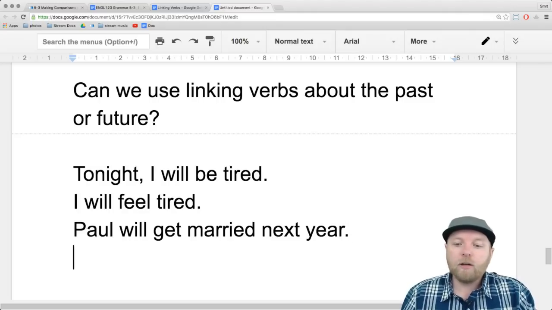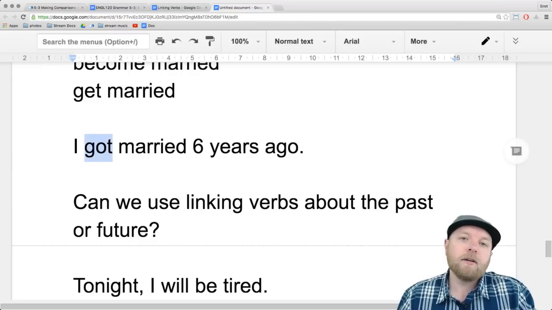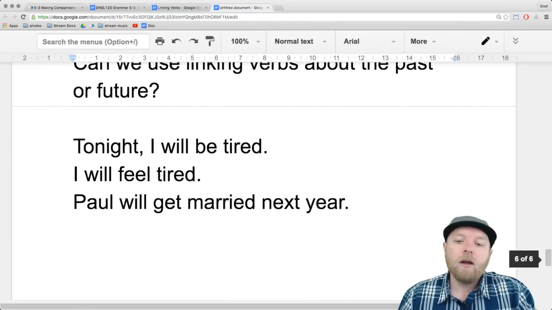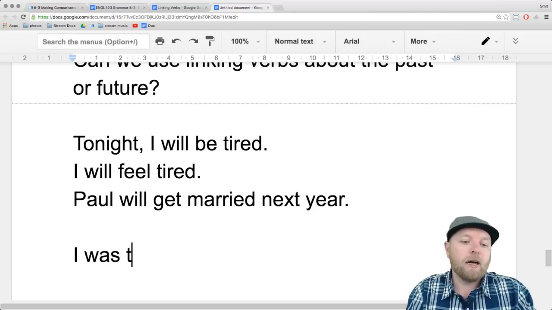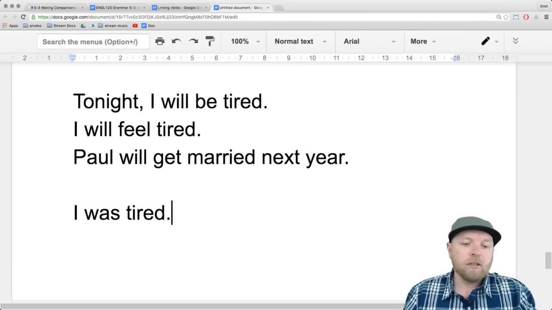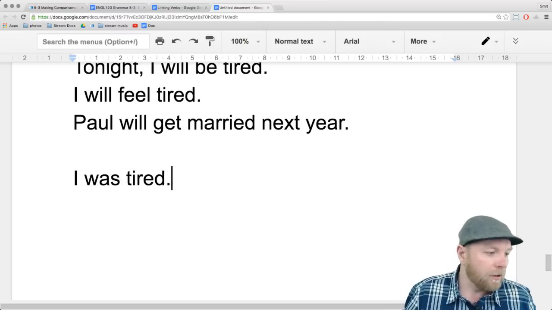That's future. Or like my example here, past, I got married, right? Last night or this morning when I woke up, I was tired. So yeah, absolutely. We can use linking verbs about the past, about the present, about the future.